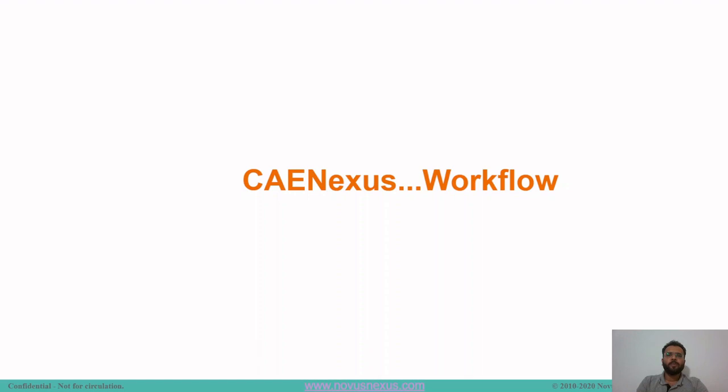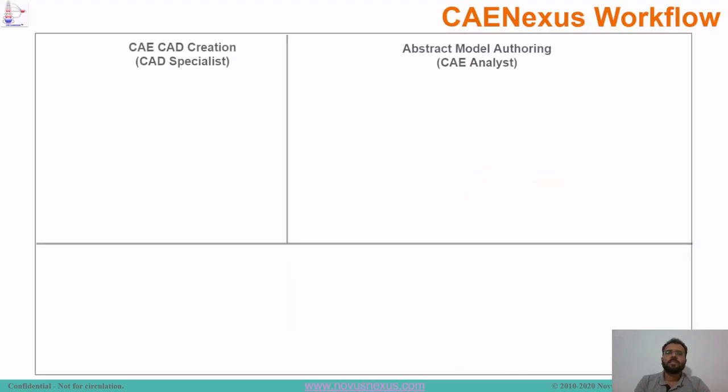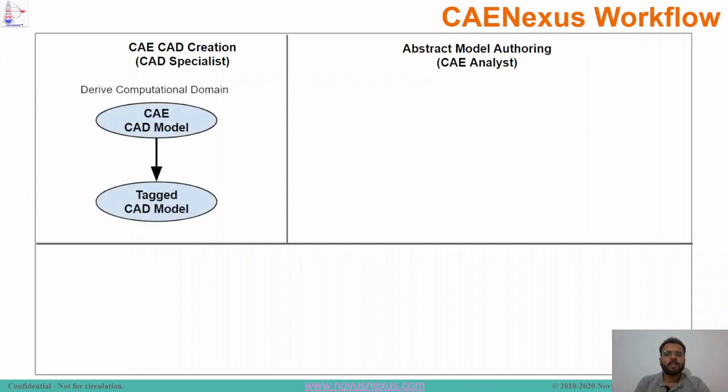Let's have a brief overview of the CAE workflow. CAENexus separates the engineering tasks into two separate roles: a CAD specialist and a CAE specialist, or analyst. The CAD specialist prepares the CAD model or captures the computational space suitable for CAE.